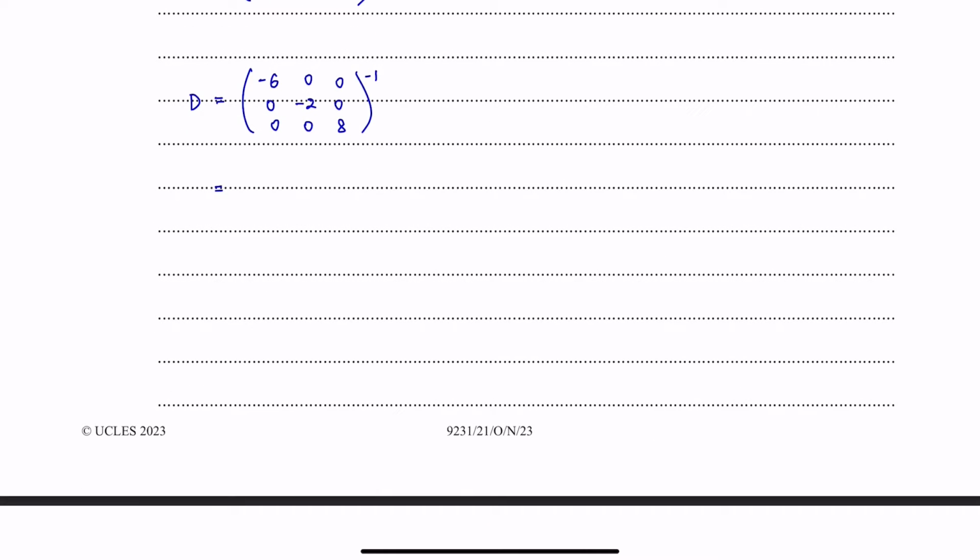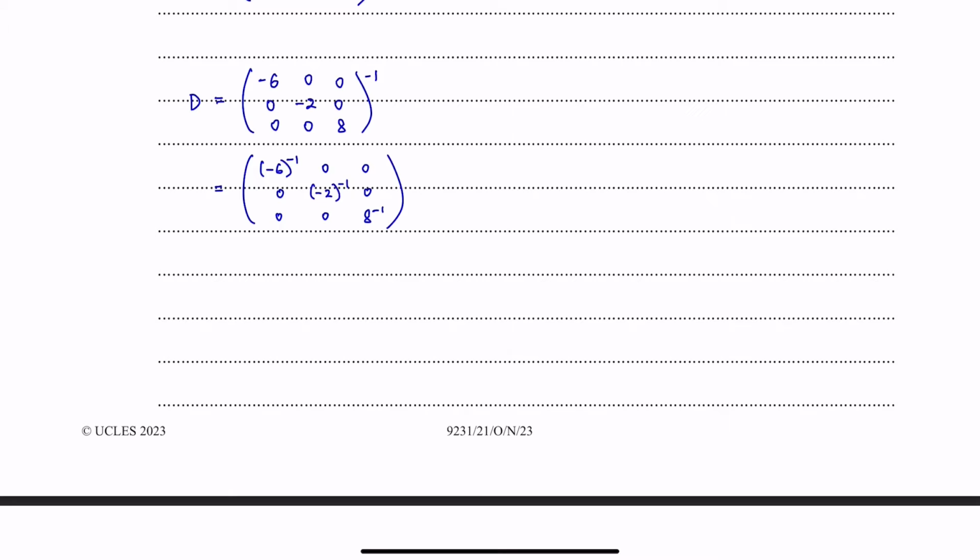And how do we find the inverse of this? If it's a diagonal matrix, we can find it by just flipping these three values. This only works in a diagonal matrix, alright?